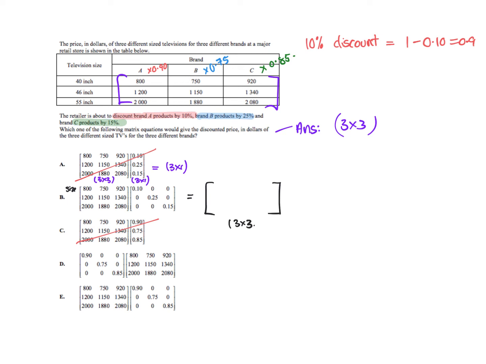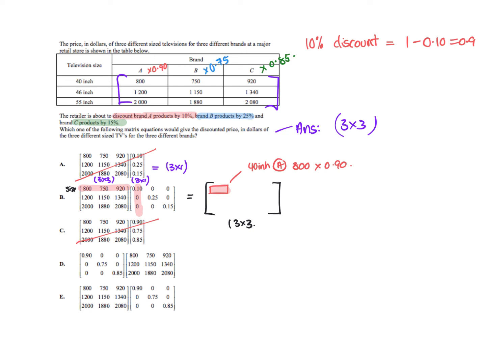If I just went to find this answer here, or actually I'll do it in red, this answer here, that is going to be the 40-inch A brand, and it's going to be 800 times the 0.90. That's what I want written there. So if we go along here, we would find that by going run and dive.